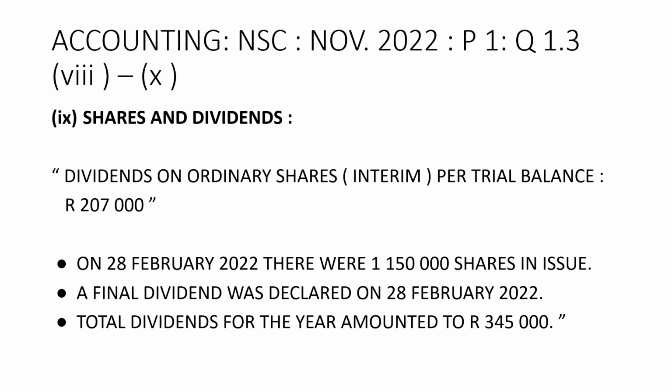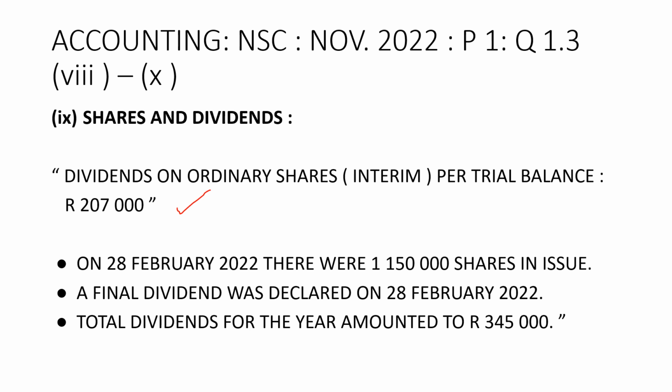So what is given to us in the trial balance? This represents your interim dividend. Dividends on ordinary shares as per trial balance is 207,000. Right. What other information is given with regard to dividends?